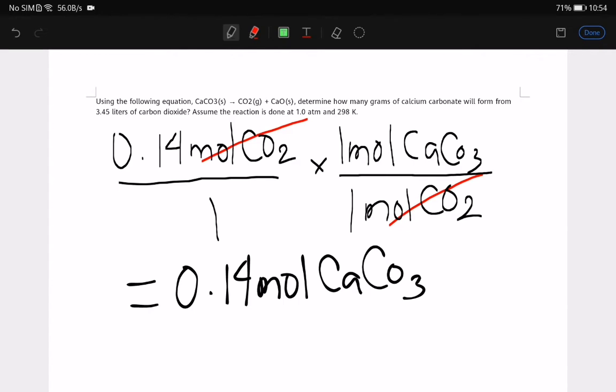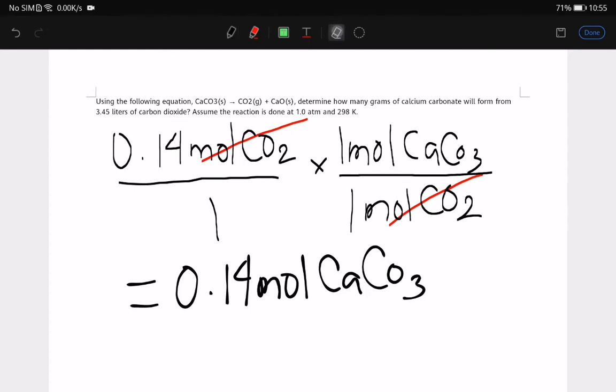So, calcium, if I remember, I think it has atomic mass of 40 plus your carbon, which is 12, and then oxygen, which is 16. 16 times 3 is 48. So 40 plus 12 plus 48 is equal to 100.